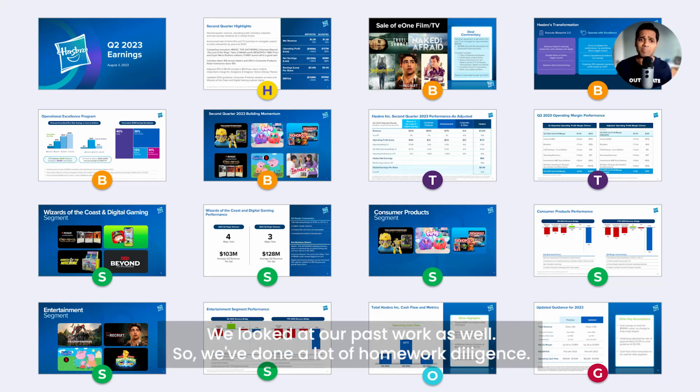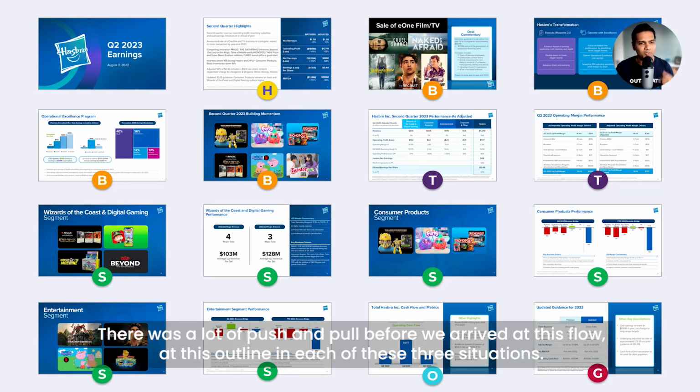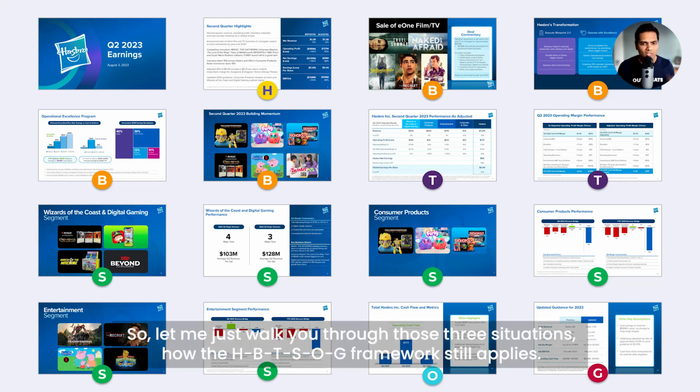We looked at our past work as well. So we've done a lot of homework and diligence. There was a lot of push and pull before we arrived at this flow, at this outline in each of these 3 situations.